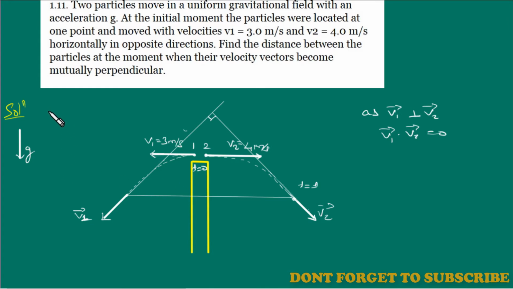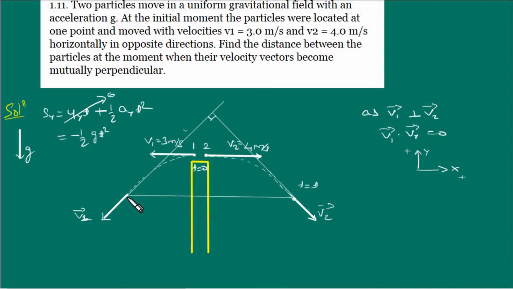Therefore, for both of them, displacement in y direction can be written as uy into t plus half into acceleration in y direction into t squared, and uy is 0 for both. If we take right side as positive and upward as positive, then I will write it as minus half g t squared. Displacement will be the same for both of them.